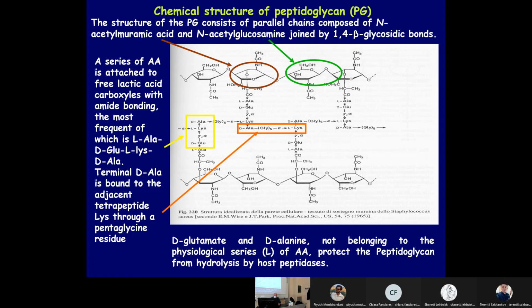One of the most important points in the biosynthesis of peptidoglycan is the formation of this bond between D-ALA and the last glycine of this pentaglycine bridge.